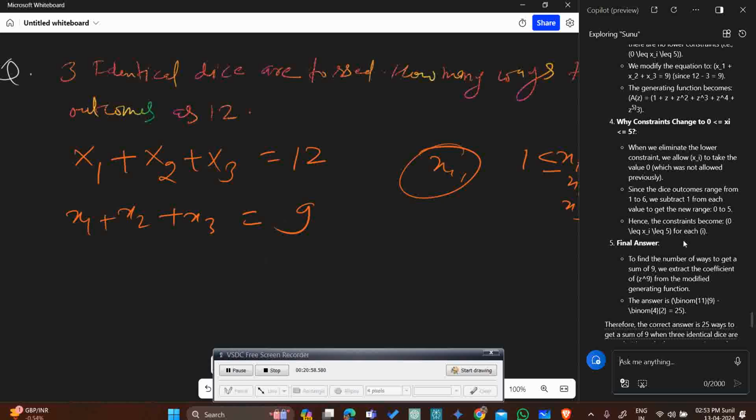Right, bro. This is not a constructive way to do. Right, this is like that. Now xi is 0 to 5. This is the new range for all. And for elaboration, we can do what?